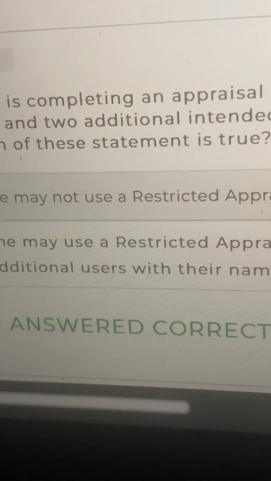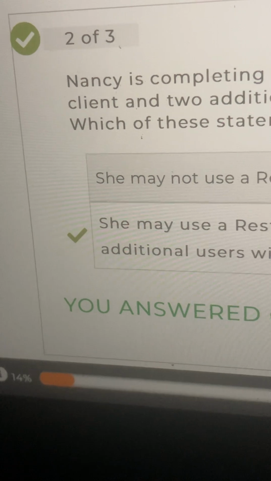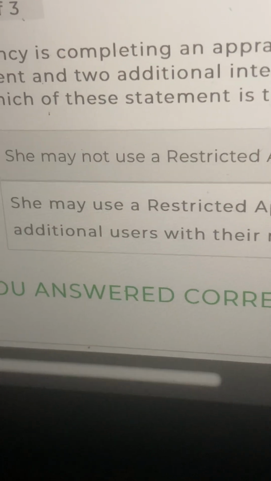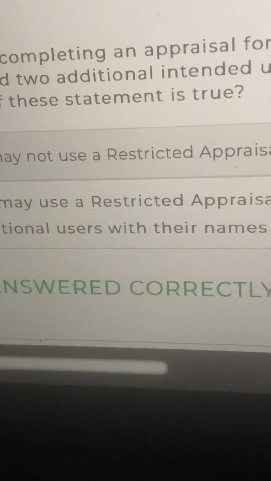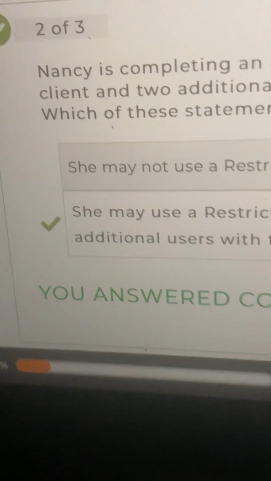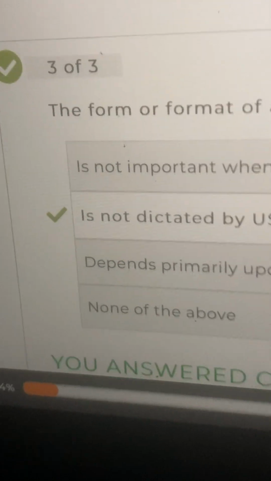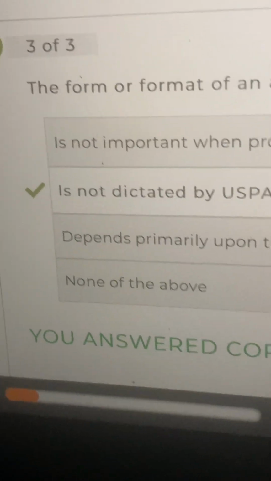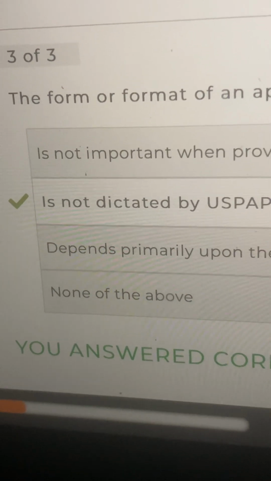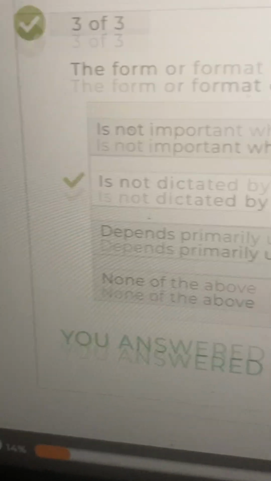Which of these statements is true? You said B, she may use a restricted appraisal report if she included the additional users with their names. And that was correct. And lastly, number 3, the form or format of an appraisal report. You said B, is not dictated by USPAP, and that was correct. End of page.